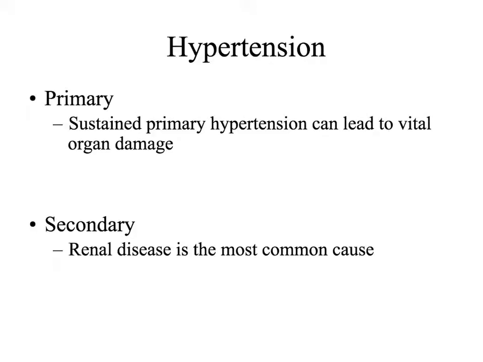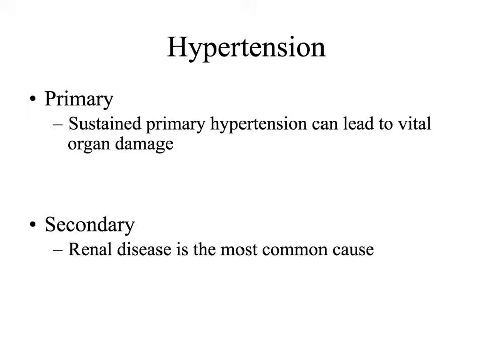Secondary hypertension is usually due to a secondary cause, so it's related to somebody who has maybe a kidney disease. Kidney disease that causes stenosed arteries in the kidneys can cause secondary hypertension. It also can be due to an adrenal problem. Remember, we talked about all the ways that the kidneys assist in regulation of the blood pressure, and the adrenals do as well.